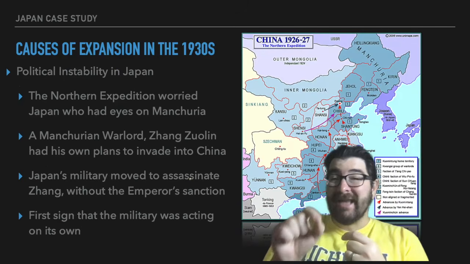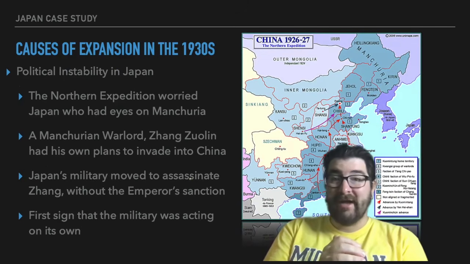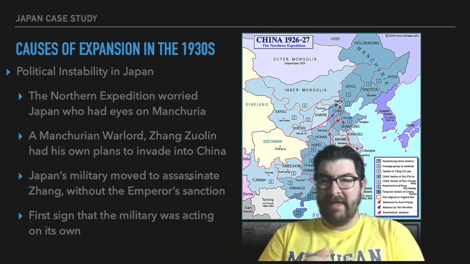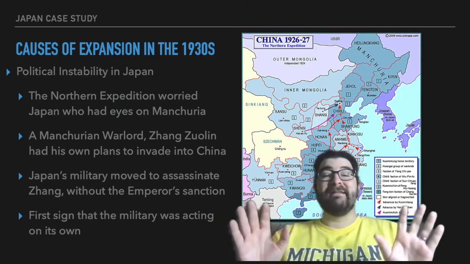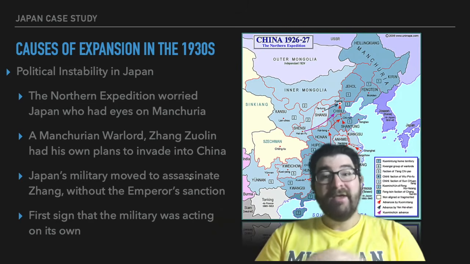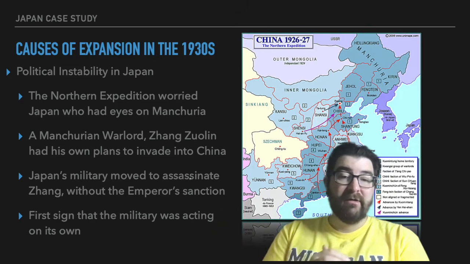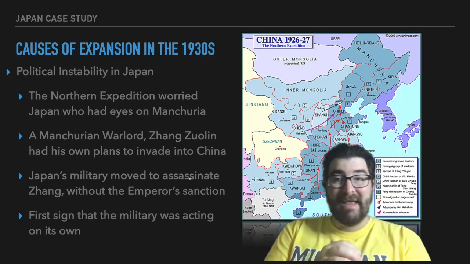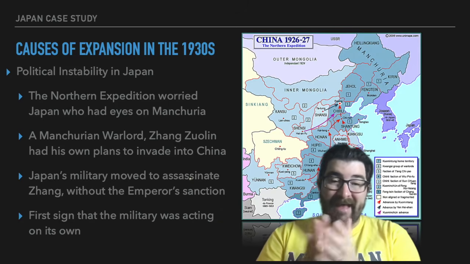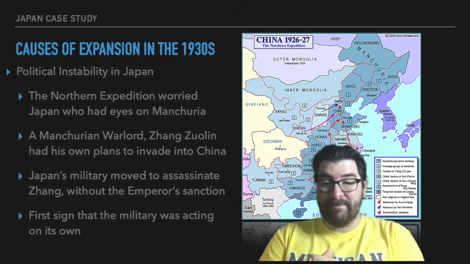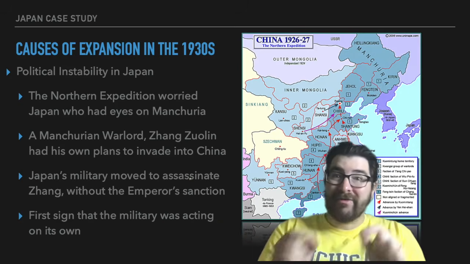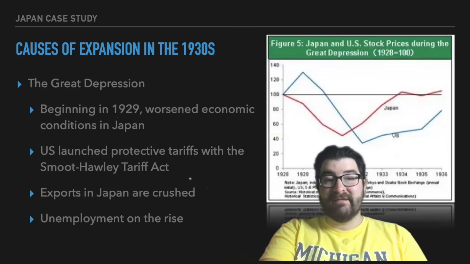Remember that the Qing dynasty that had previously ruled China for nearly 300 years was a Manchurian dynasty. Japan does not want to see a powerful Manchuria that unites with China. So the Japanese military, called the Kwangtung Army, the Japanese army that's based in Korea and Manchuria, will move against Zhang Zhou and assassinate him without the emperor's sanction. This is that first sign that the Japanese political authority does not actually have control of the Japanese military.